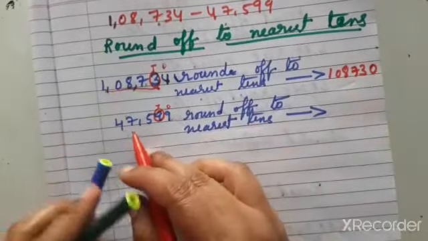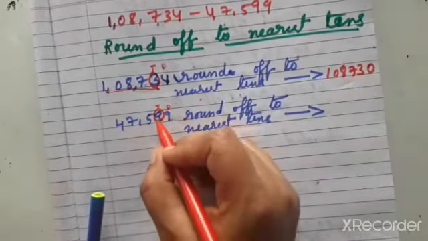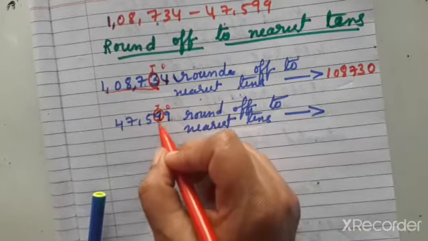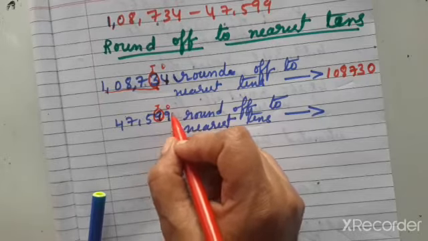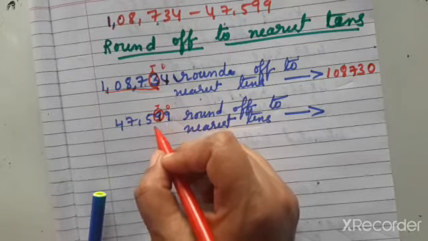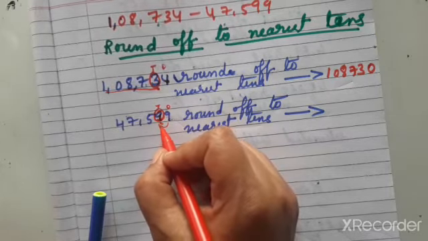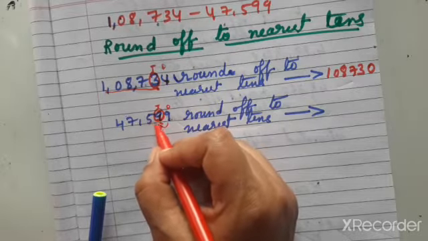Now 47,599. Here at the tens place we have to knock the door of the number after, 9. Here he is the richest man, 9. So he helps, he gives 1 to this person. So 9 plus 1 means 10, this becomes 0 and 10 means it becomes 60.